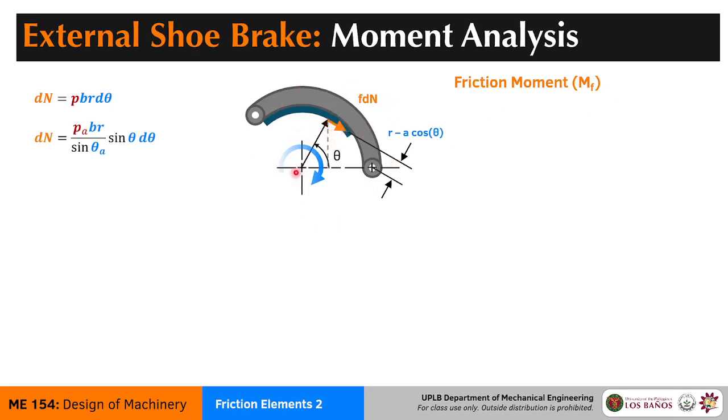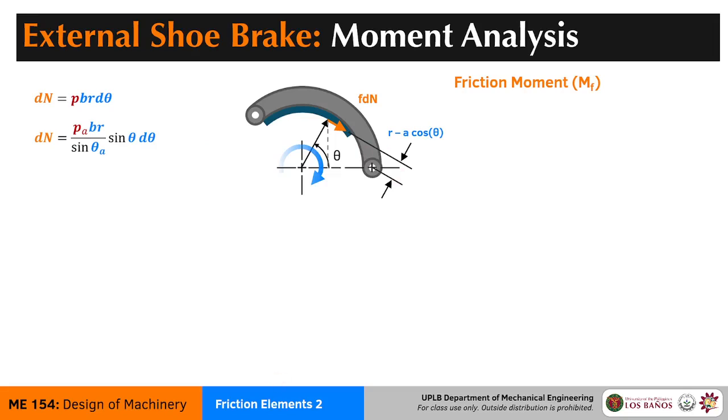There's a friction moment. Initially we assume that the drum is rotating clockwise, so the drum is screeching on the lining in this direction. This has this radial arm, r minus a cosine theta.